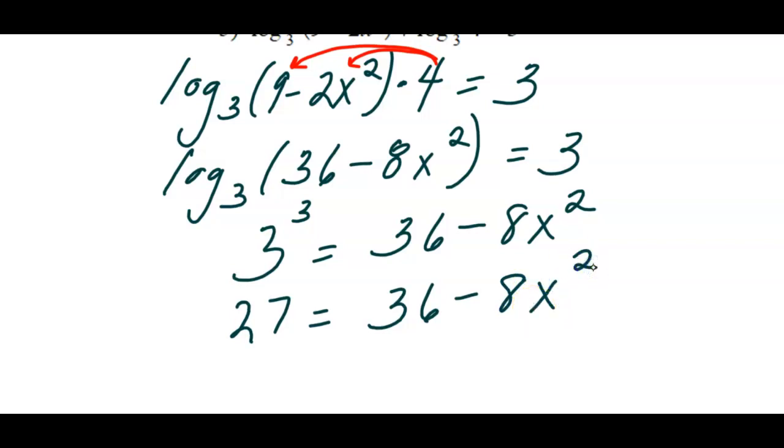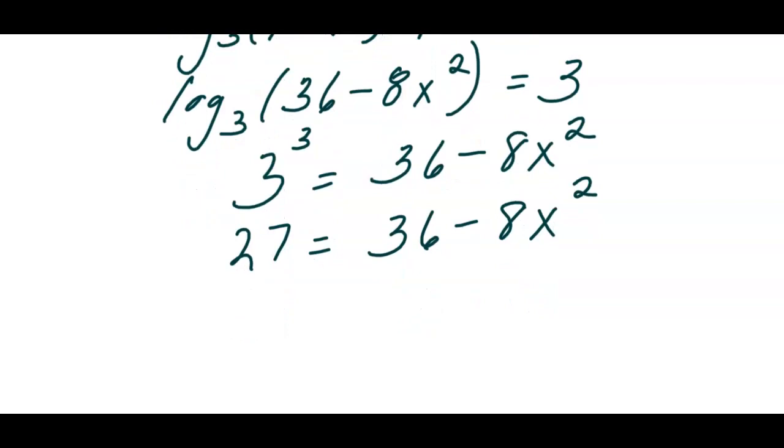Subtract your 36 from both sides. And we're going to divide both sides by negative 8.